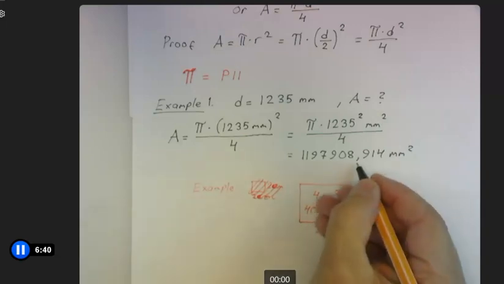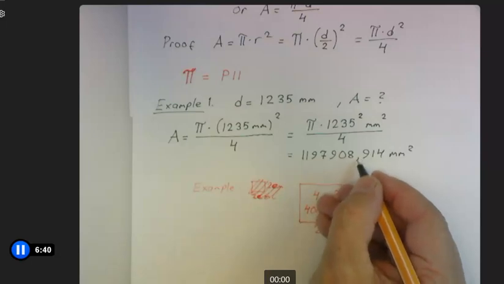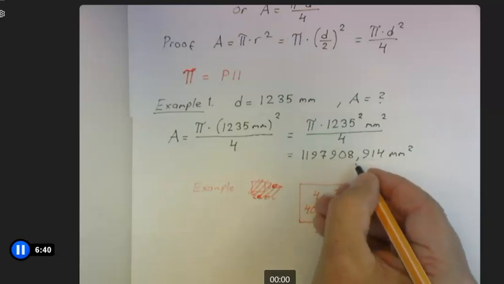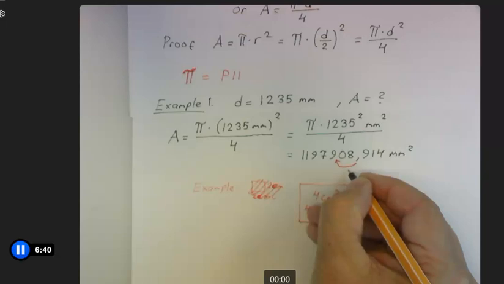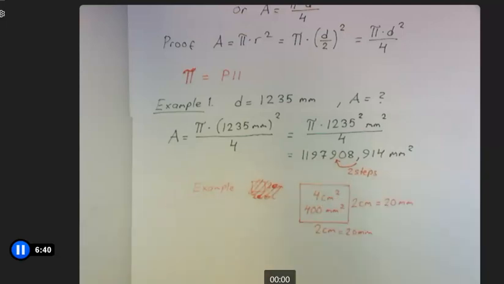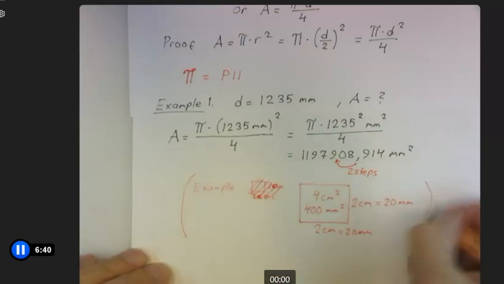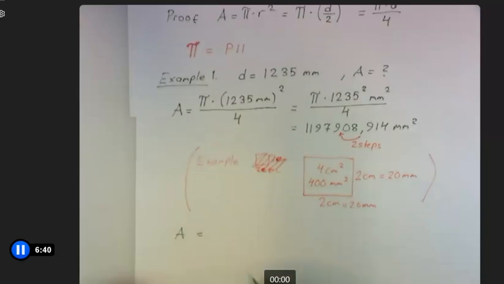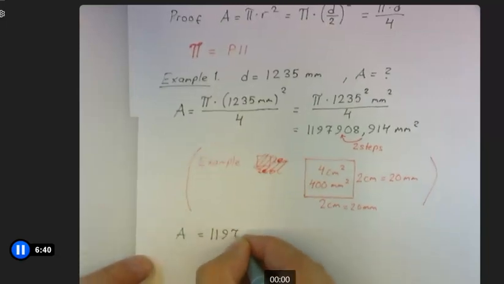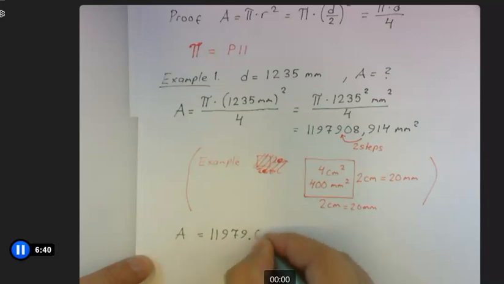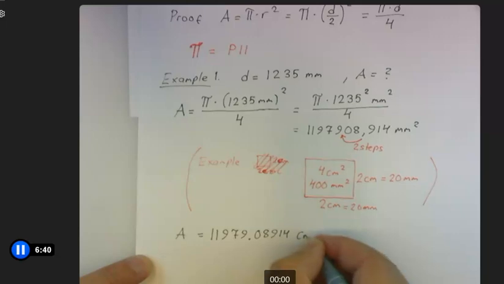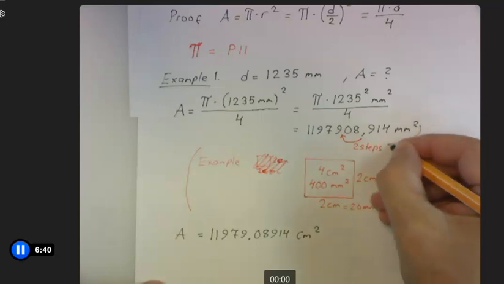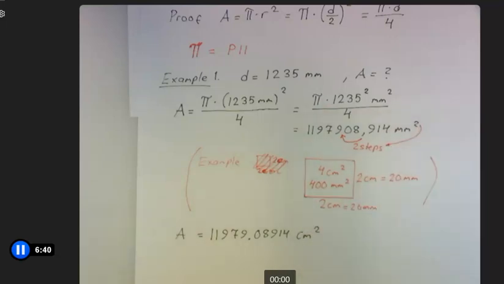So if we have a dot here, or I draw this comma here, but it is the same as a dot, a decimal point there. We have to move 2 steps. So in this case, the area would be in square centimeters 11979, and now the point is here. So this 2 you may take from the exponent.